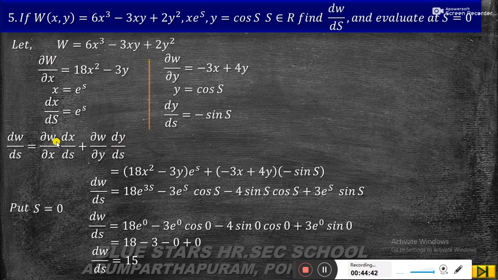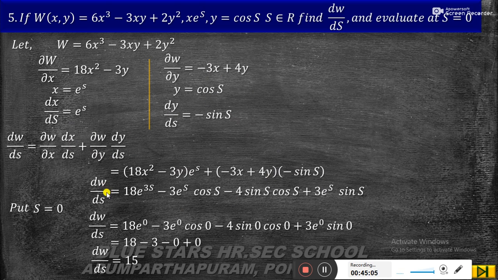Dou w by dou x is 18x square minus 3y, into dx by ds, e power s, plus dou w by dou y, minus 3x plus 4y, into dy by ds, minus sin s.